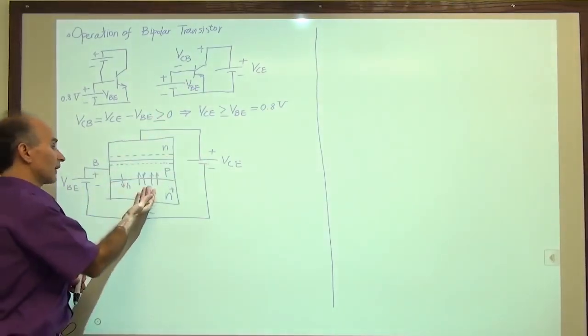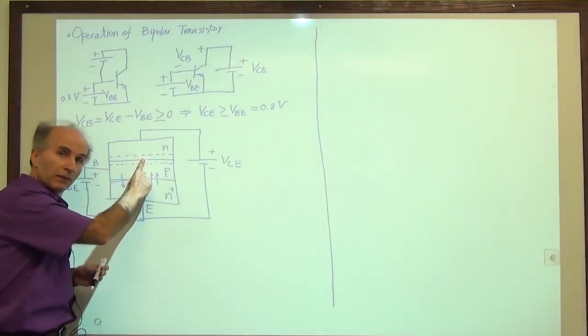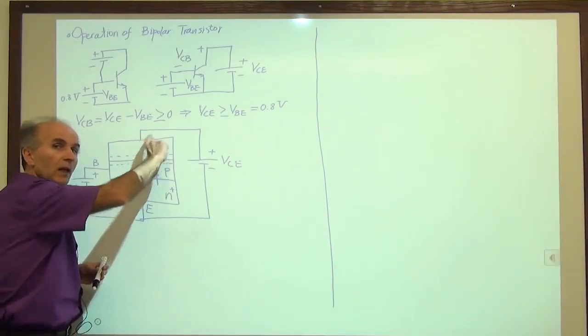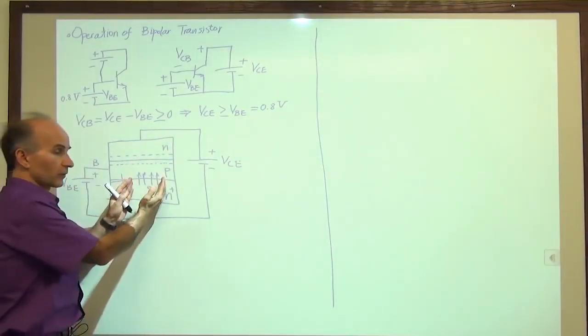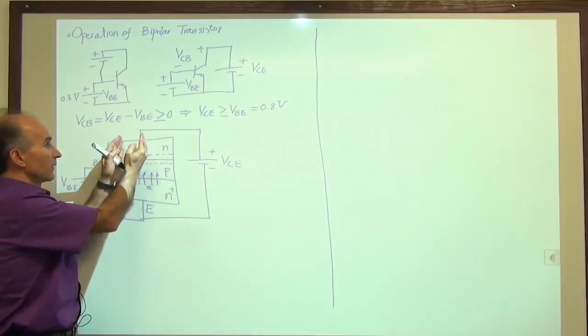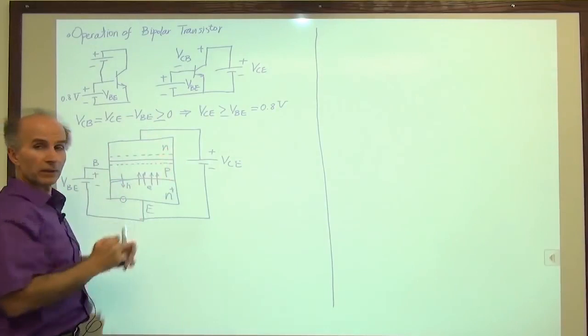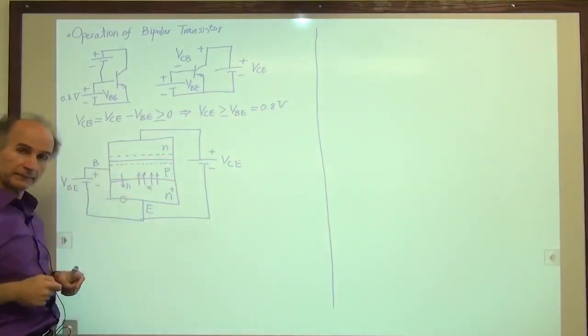So as soon as these electrons make it to the edge of the depletion region, they see the electric field, they go to the collector, and they go to the battery. So almost all of these electrons end up going through the depletion region, through the collector, and to the battery. So very few of them will actually prefer to go this way.